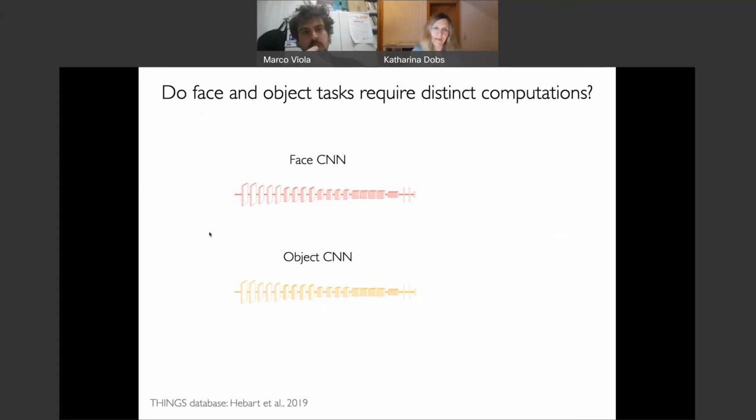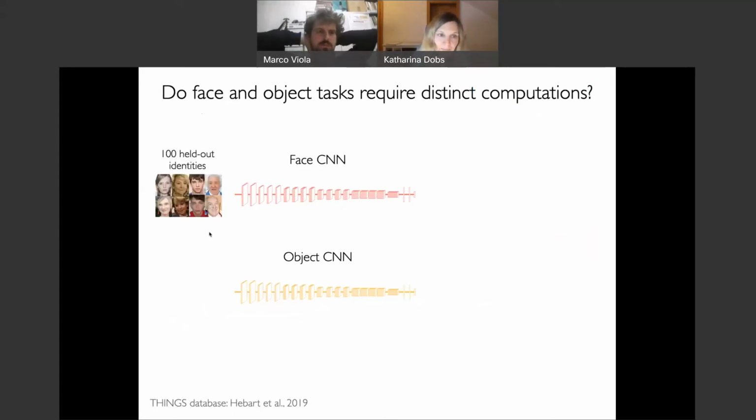All right. So what we did is we took these two models that you're familiar with now, the face- and object-trained CNN, and first asked, do they require distinct computations to do each other's tasks, to categorize objects or to discriminate or recognize faces? To test this, we had these 100 held-out identities that I showed you before, 10 images each.